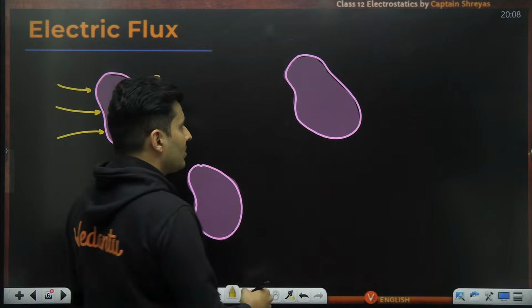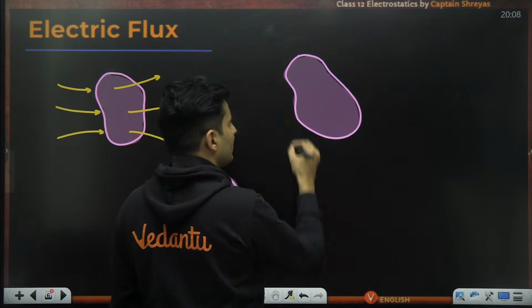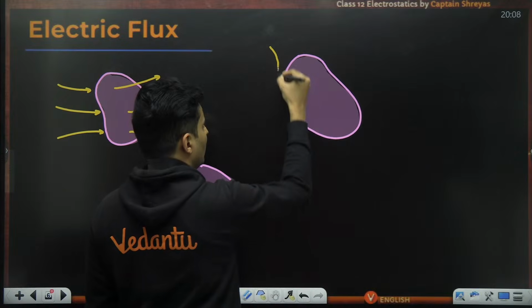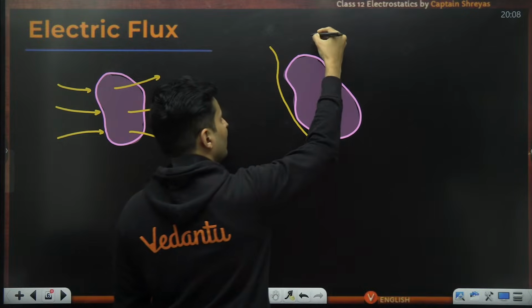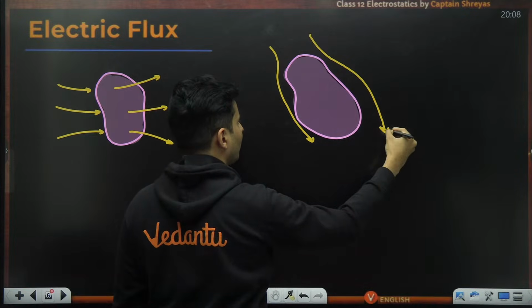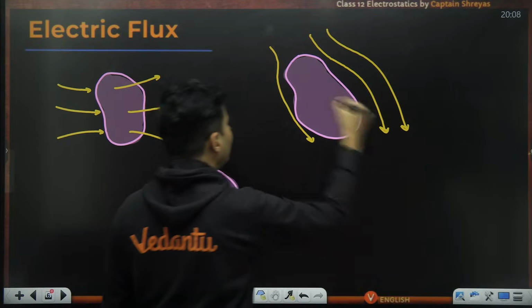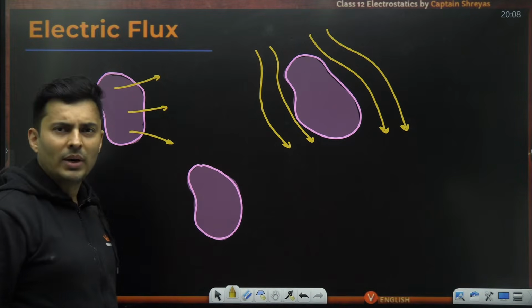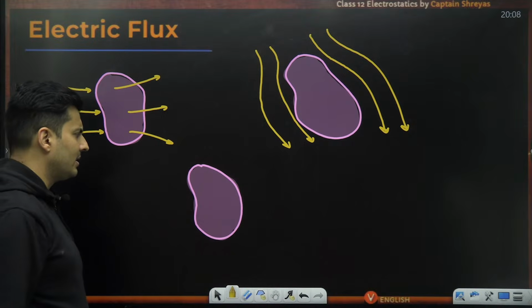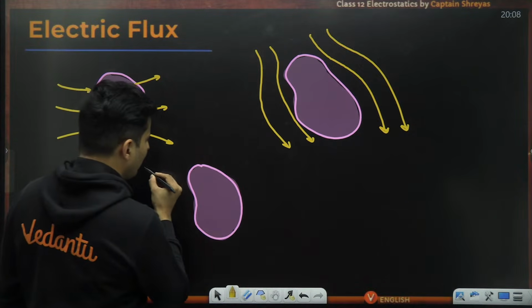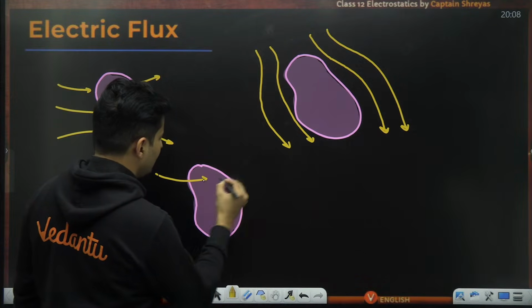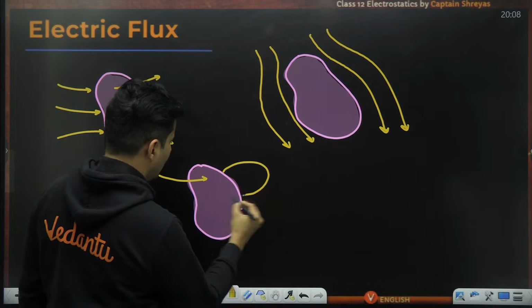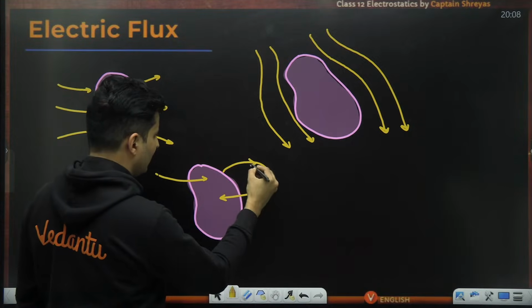In the other case, the field lines are not going through that area. They are going above it or below it, or from the sides. Nothing is piercing it. In another case, maybe the field lines come like this and then, for some reason, come back like this.